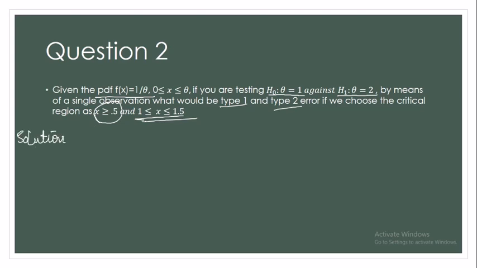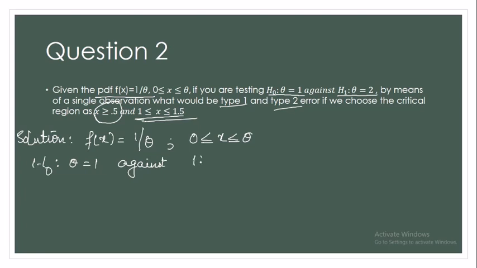Now let's write down the information that is given over here. We are given the PDF f of x is equal to 1 by theta. We know the range of x, what is it, 0 less than or equal to x less than or equal to theta. Also we know the null hypothesis, that is H naught, theta is equal to 1 against H1, theta is equal to 2.